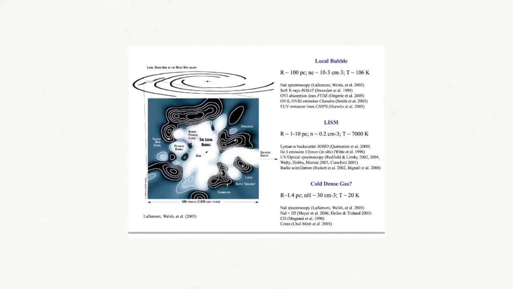Also, there is a compression of warm clouds that are creating cold clouds and filaments. And radio scintillation seems to be indicating that, as well as other measurements that have been taken.